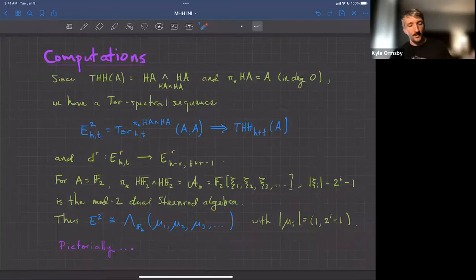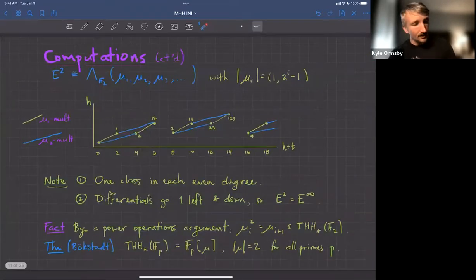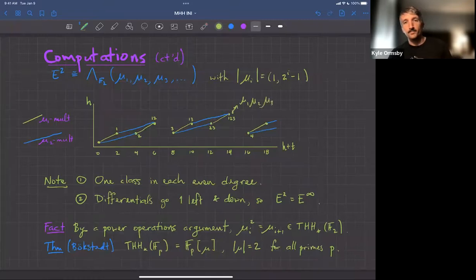So I'm going to draw a picture of this now. Here we go. Remember that E2 page is this exterior algebra. And here I'm labeling each of these classes with a sequence of integers. That's the corresponding product of mu i's. So for instance, this 1, 2, 3 here is supposed to indicate mu1 times mu2 times mu3.